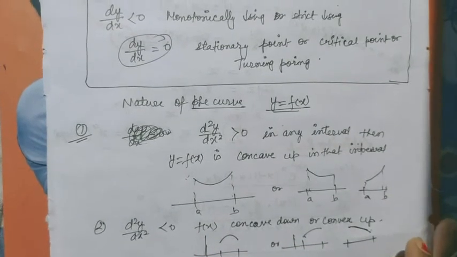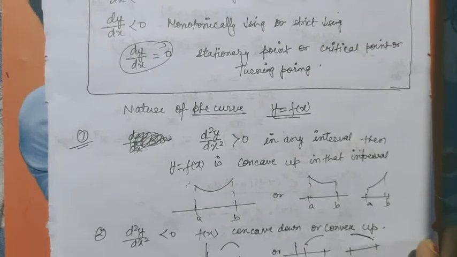Now what will happen if d2y by dx square is equal to 0?